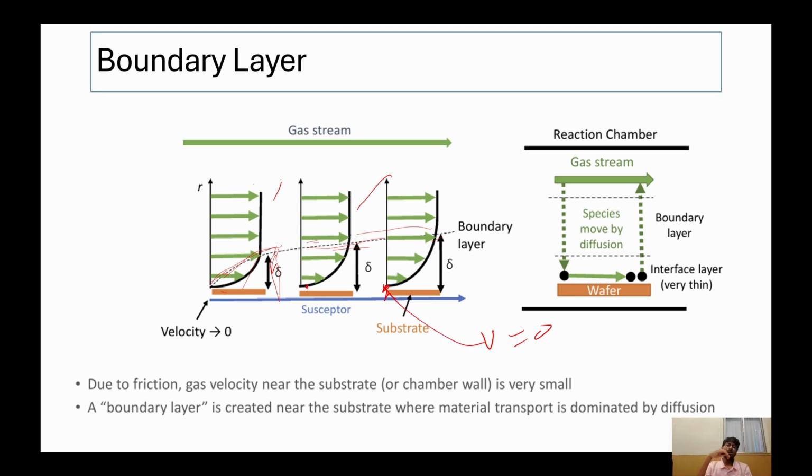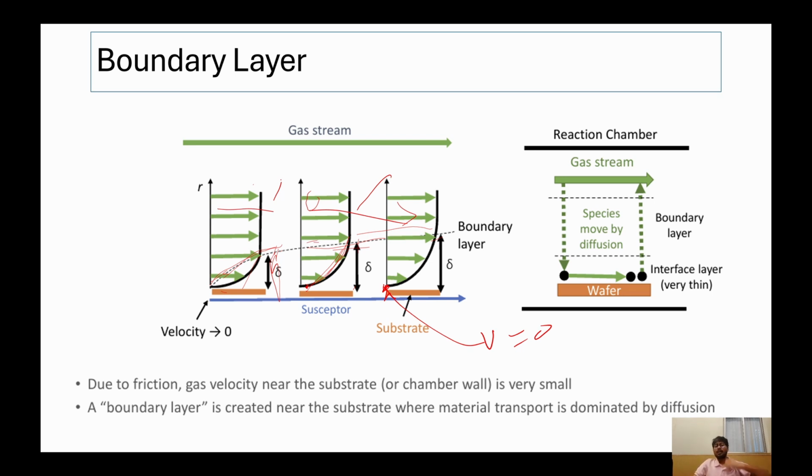Because of that, a kind of stagnant layer forms over the substrate, which inhibits the flow of fresh precursor from this flow to the substrate.